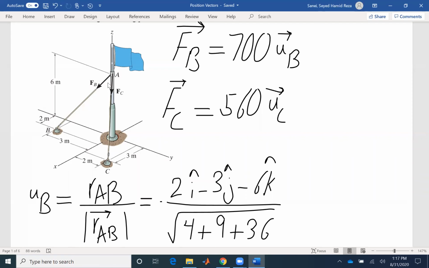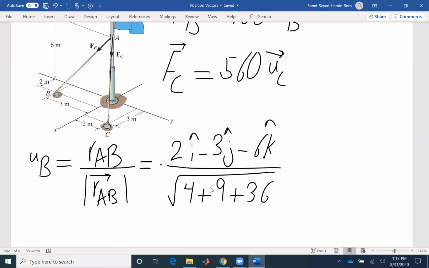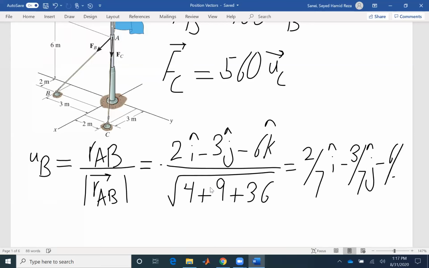And for Z, I'm going down in Z axis, so negative 6k. So you can see directly how the coordinate is changing from A to B. Or if you are more comfortable, you can write the coordinate of B minus the coordinate of A. That gives me, if I simplify this, 2 over 7 i, negative 3 over 7 j and negative 6 over 7 k.